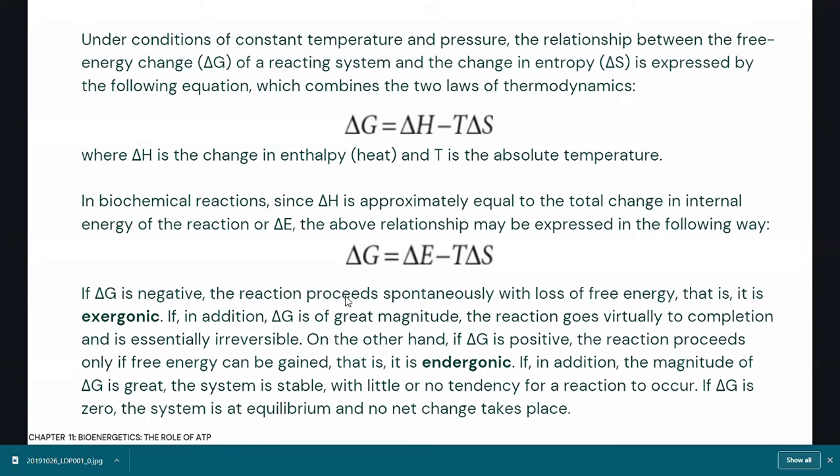Free energy change is delta G. Delta H is change in heat or enthalpy, minus T, the absolute temperature, times delta S. S is entropy.